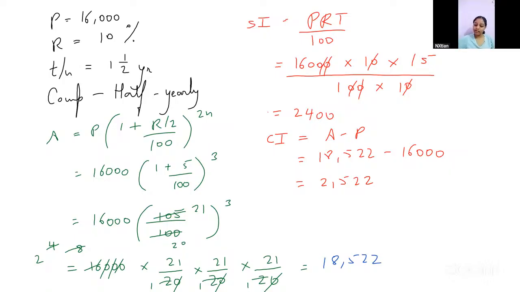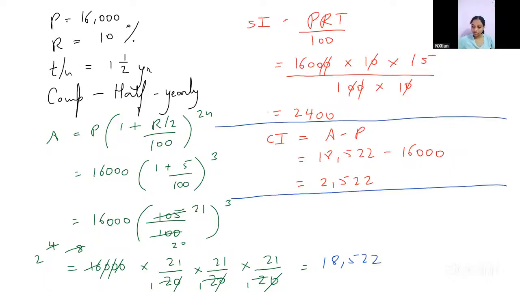Now calculate the difference, CI minus SI. 2,522 minus 2,400. How much? 122 rupees.